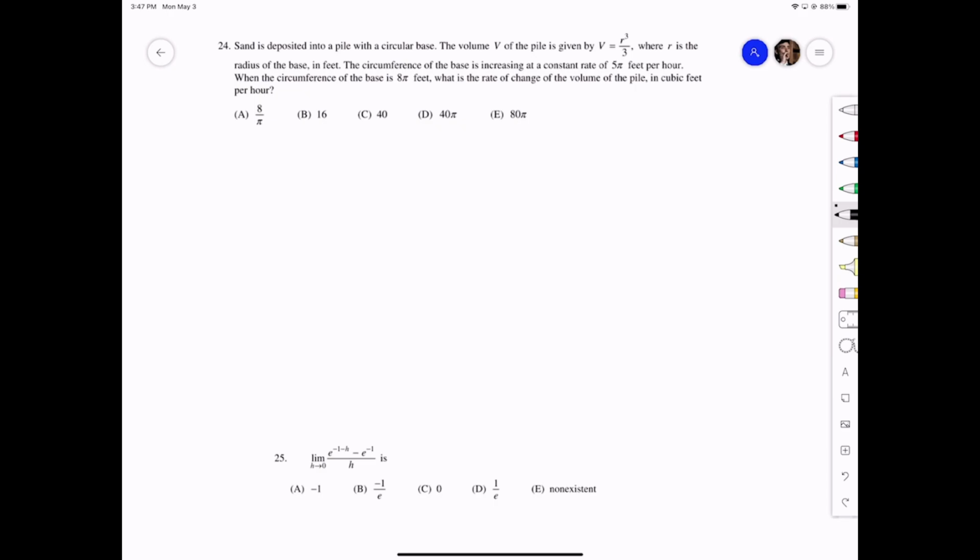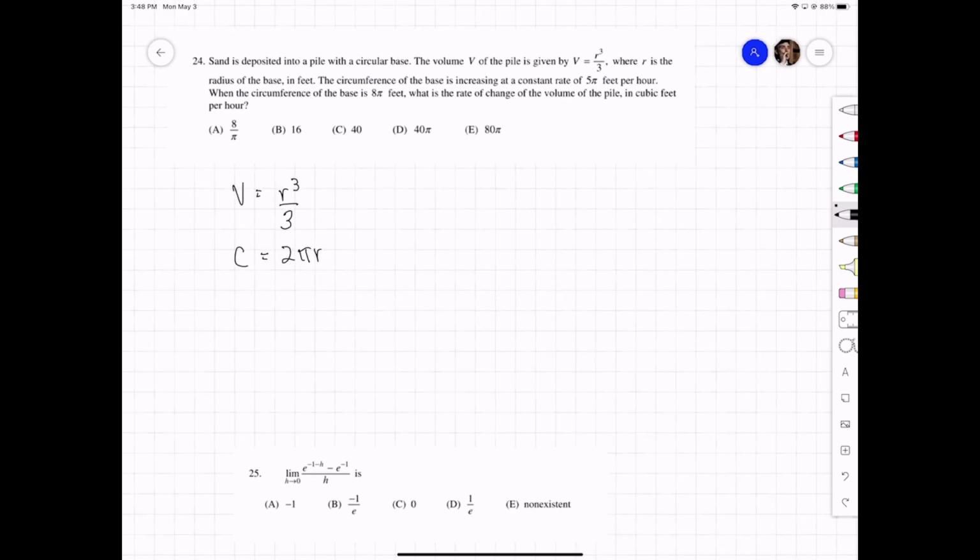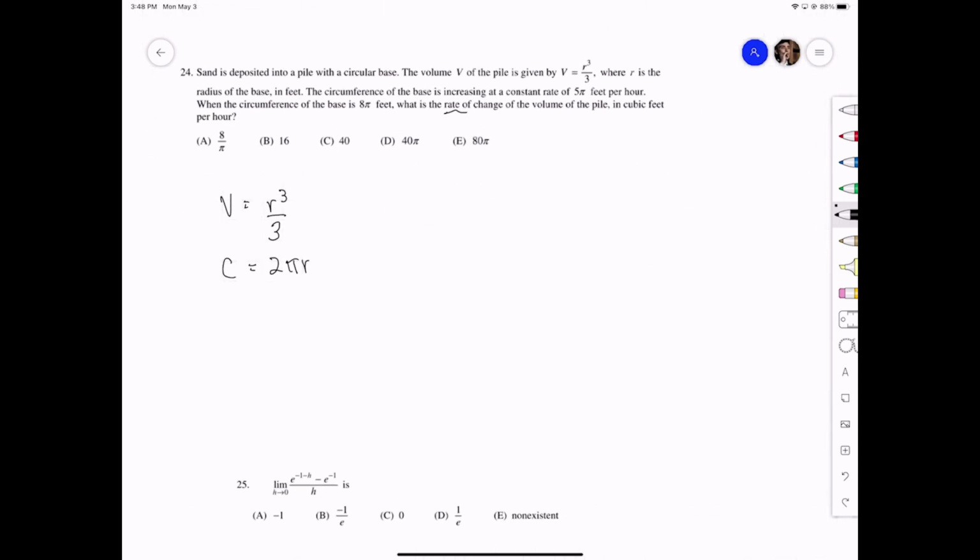So sand is being deposited into a pile, and the volume of that pile is r cubed over 3. And the circumference of the base, we know that circumference is 2 pi r. So we want to find the rate of change of volume, so we want to find dV dt.